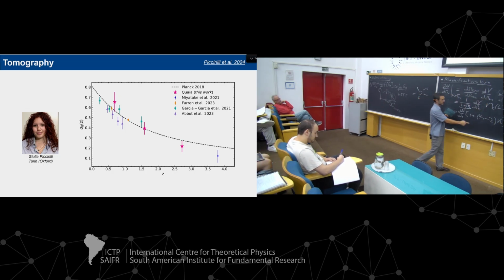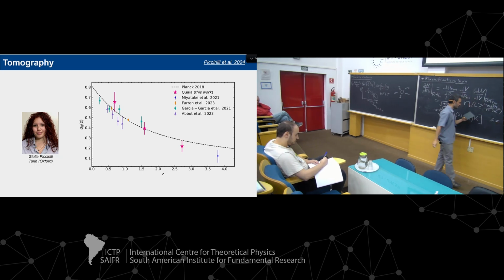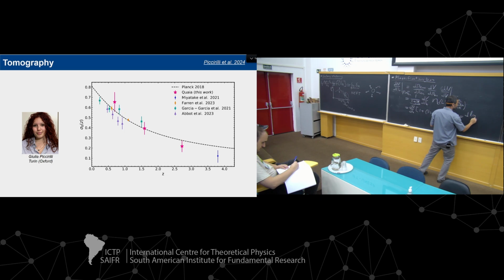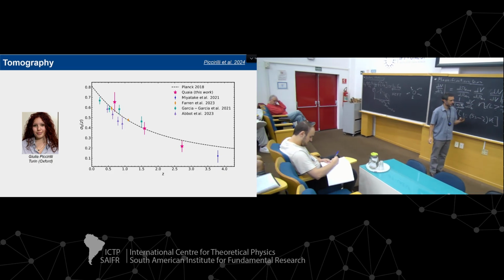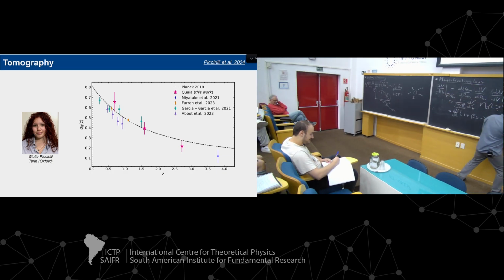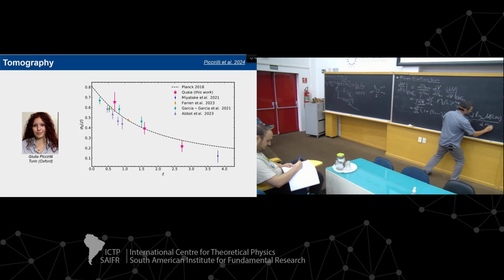And s here is a parameter that we often call the magnification bias parameter. Some people will call the whole effect magnification bias. But anyway, s is the logarithmic derivative of the number counts with respect to magnitude, at the magnitude limit of our sample.